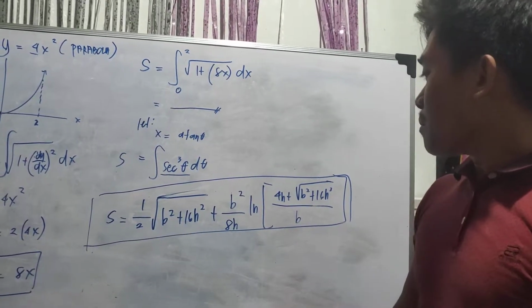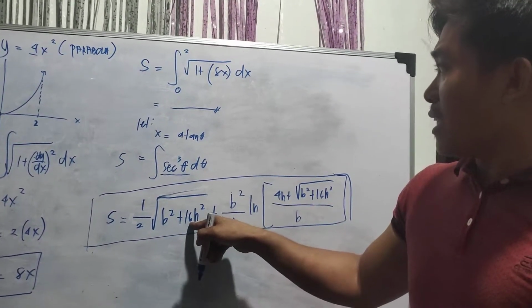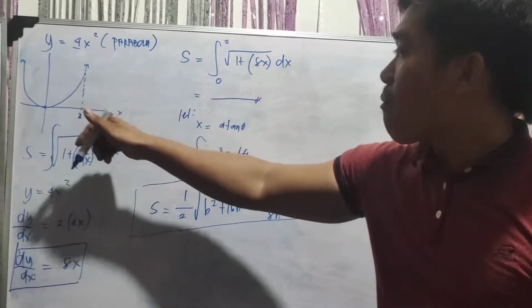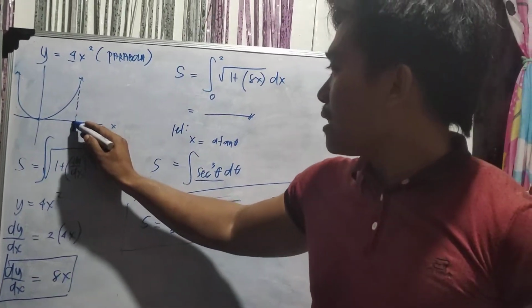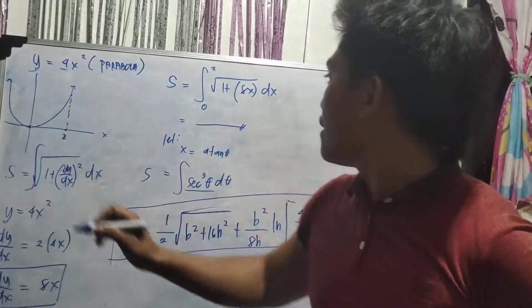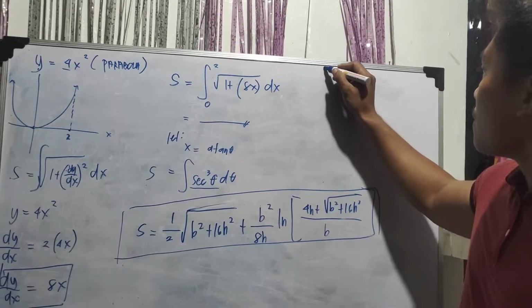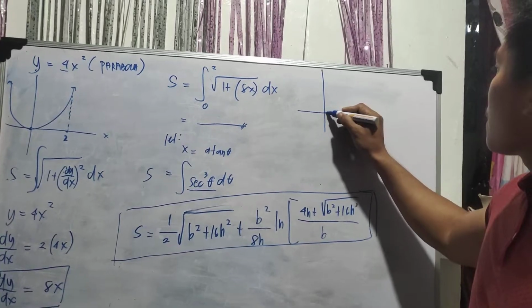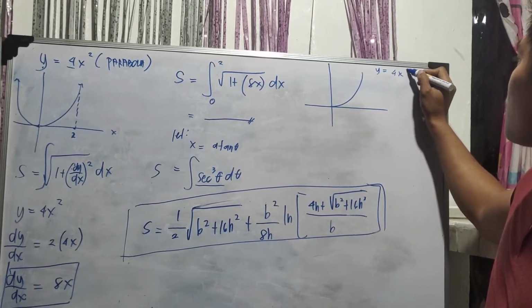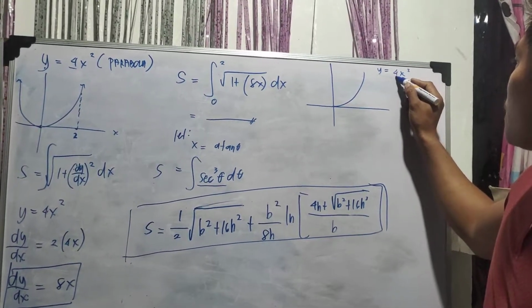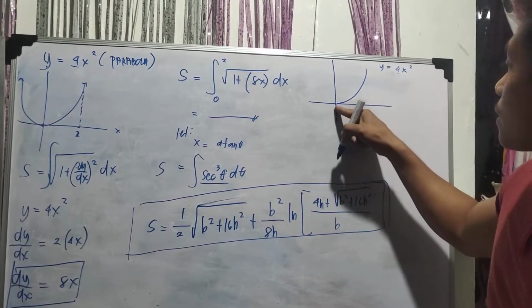Okay? Now, what is B and what is H? Yung gawin mo, kung may parabola kang ganyan, at x is equal to 2, find the value of y. Okay? Sample. Y is equal to 4x squared. At x is equal to 0, y is equal to 0.